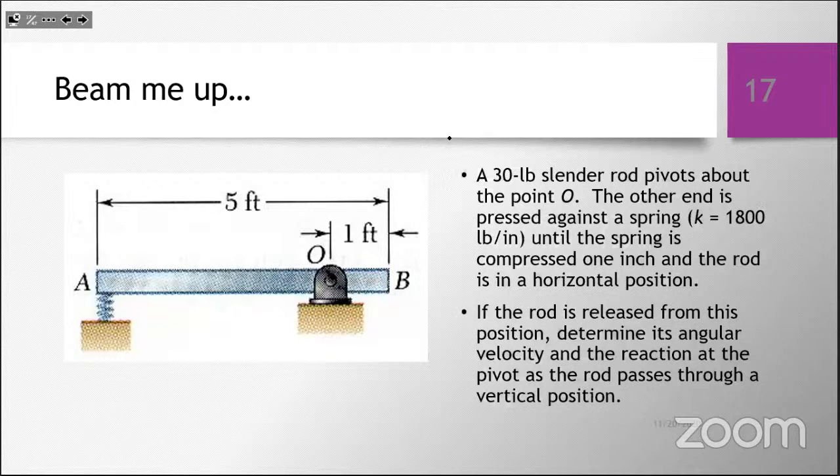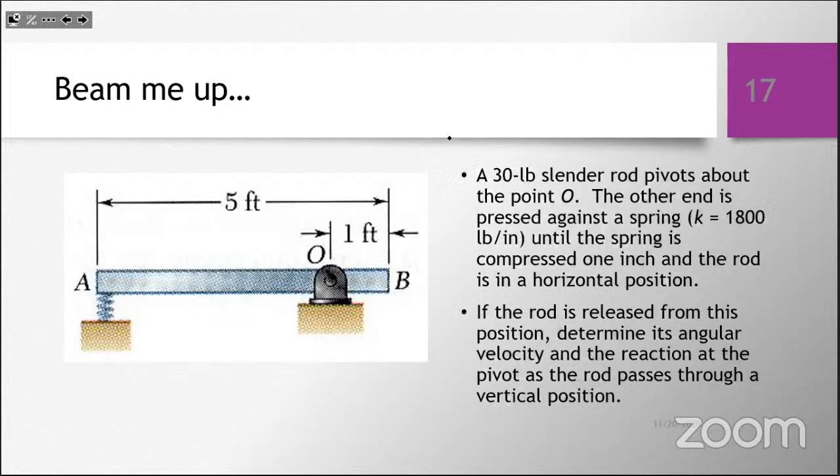What's in our toolbox right now for rigid bodies? We've got Newton's law and we've got work energy. Which one of those two fits this problem? Right, let's do a show of hands. Who thinks it's Newton's law? Who thinks it's work energy?